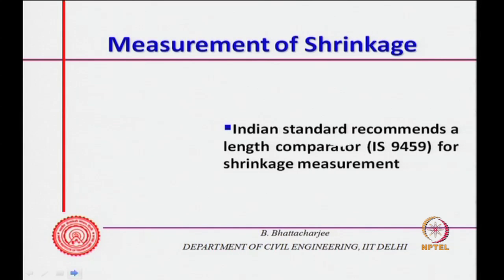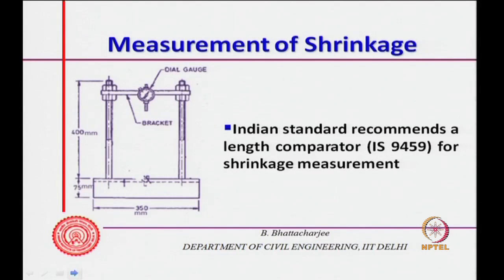Well, the Indian standard recommends a length comparator, something of this kind, for shrinkage measurement. So, you basically have a dial gauge, you put your specimen here, and there is a standard, and any length change you can measure. Basically, there is a standard reference which is first used to find out the dimension, and you have a Dirac point on the specimen.